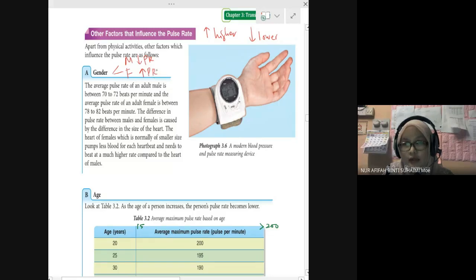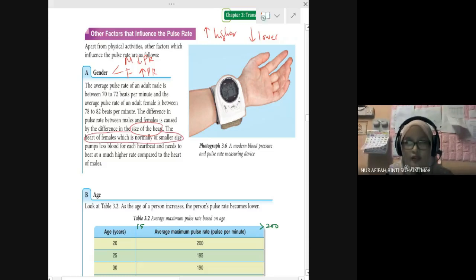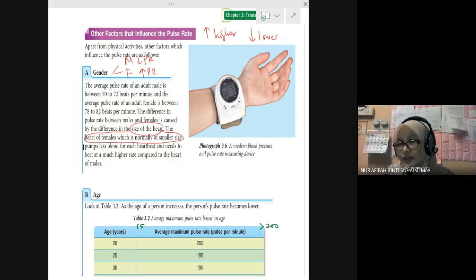Why? Because the size of the female heart is smaller than the male heart. The heart of a female is smaller in size than a male's, so it needs to pump blood faster compared to male. The same goes for children, that one is age.